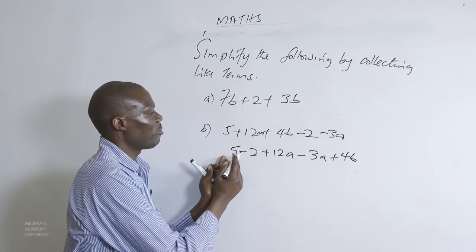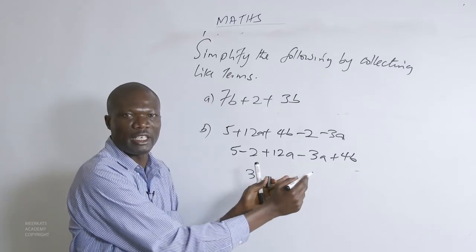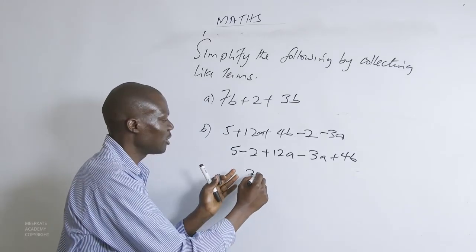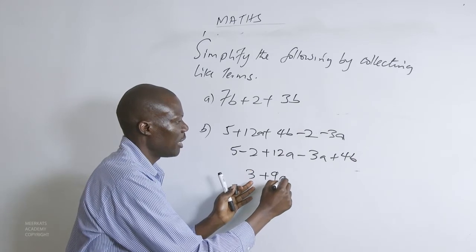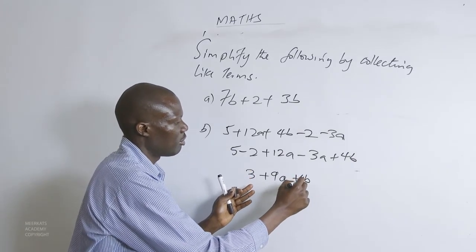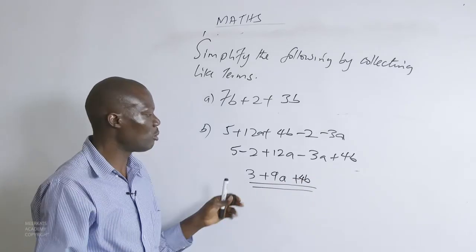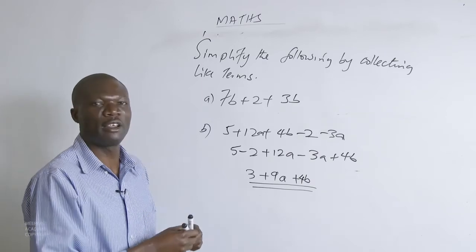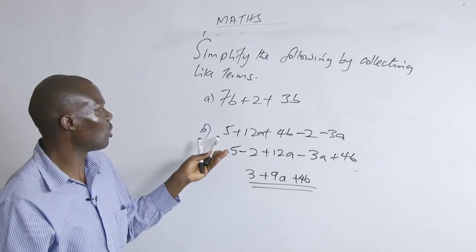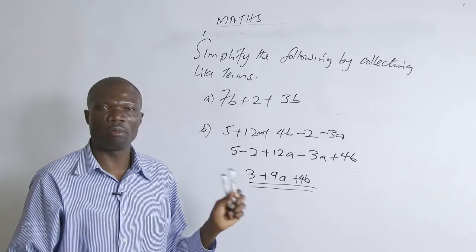So 5 minus 2 gives us 3. 12a minus 3a gives us 9, so it will be plus 9a. And then we have the last one, plus 4b. So reaching here, we cannot simplify this expression any further. So when we collect like terms here, we shall get 3 plus 9a plus 4b.